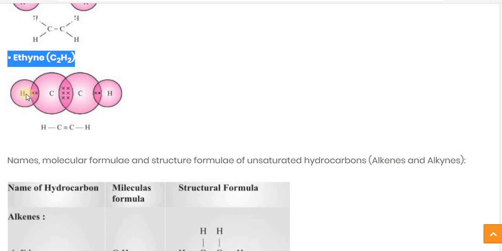So the hydrogen is satisfied, and the carbon requires a total of 4 electrons: 3 electrons over here and another 3 over here. Same over here: you can see 1 electron of carbon is here and 3 here.